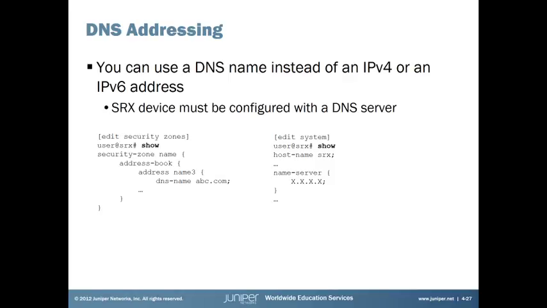I had to use that in a situation where the device I wanted to allow had a changing IP address. There was a remote access requirement, but the person who had the requirement didn't have a static IP address.